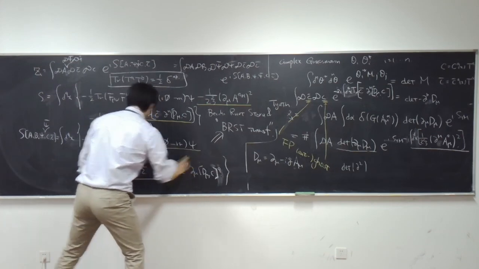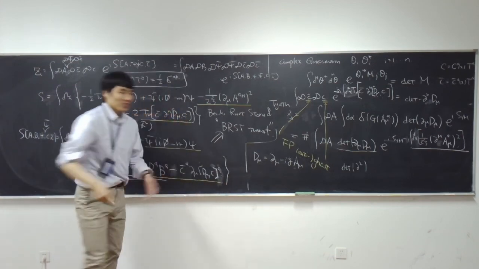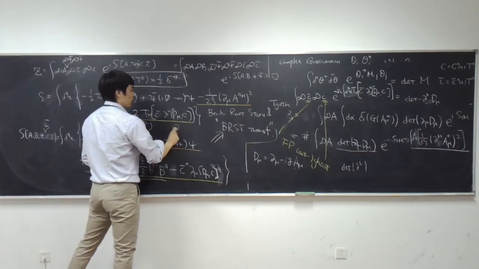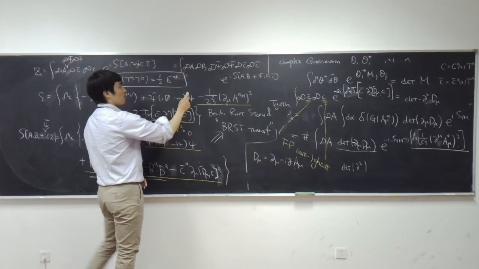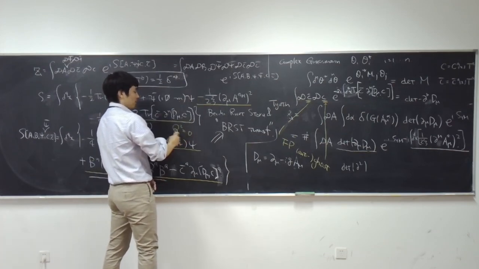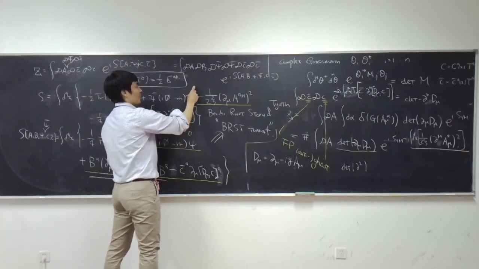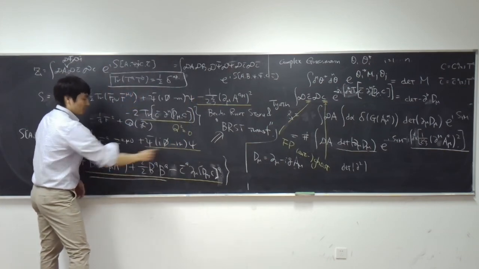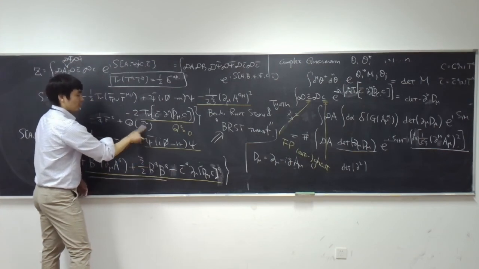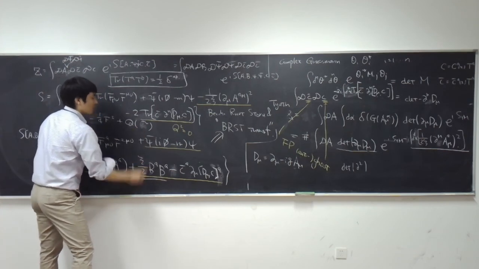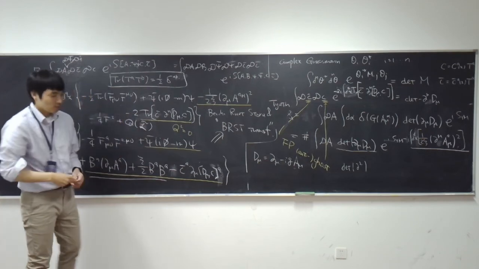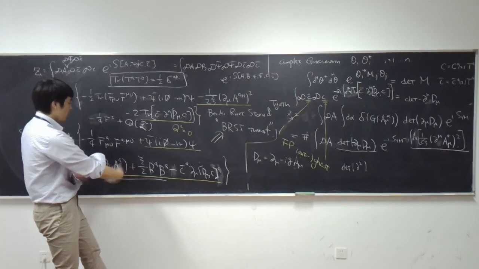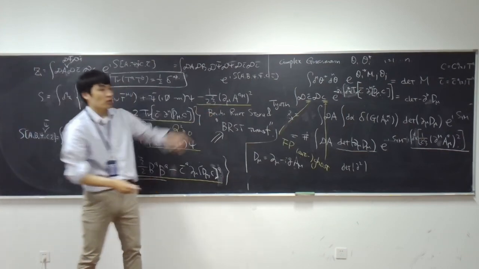can be written in BRST exact form, and this Q squared is equal to 0, so it behaves like a differential. It behaves like a differential form. Then the rest of the part can be written nicely in terms of Q acting on some L tilde. That's why we introduce B. By just integrating out the B field, you get this gauge fixing term.